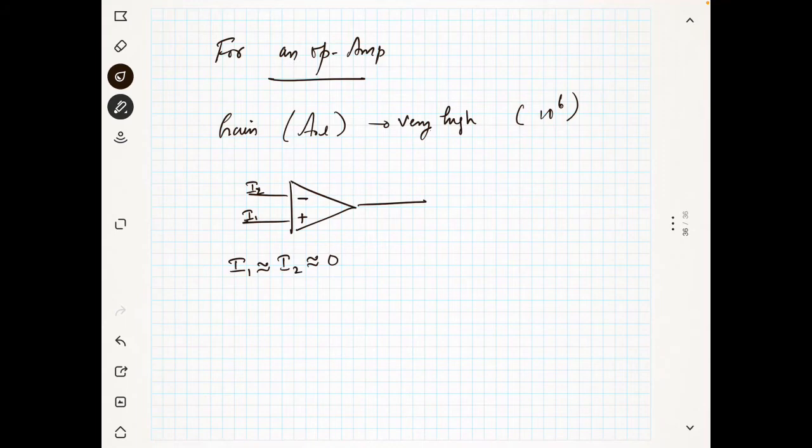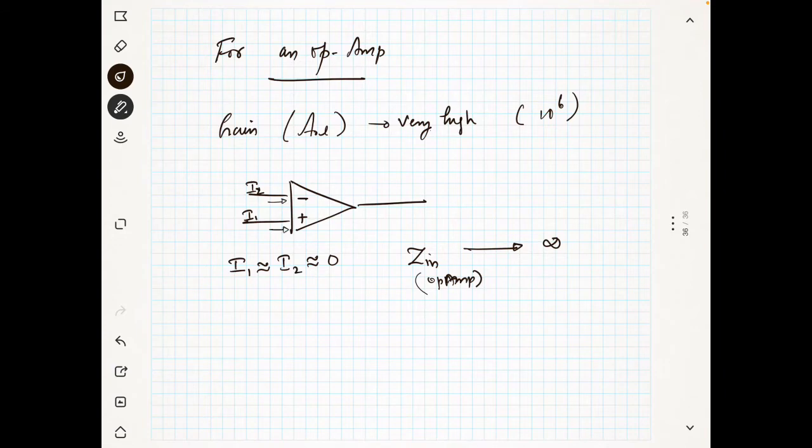I1 and I2 are both approximately 0. It is because the input impedance of the op-amp is very high. I told you it is tending to infinity. So the current going inside the op-amp is always 0 in the ideal situation.